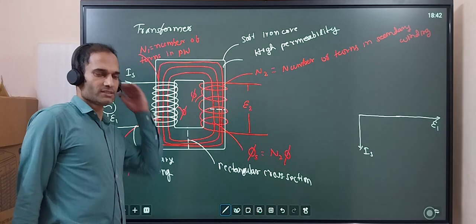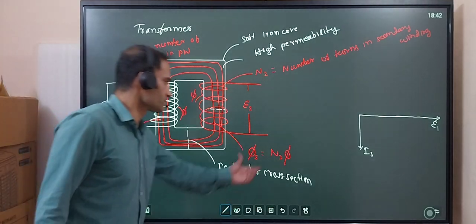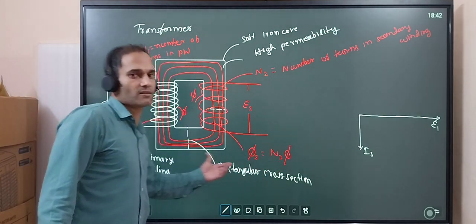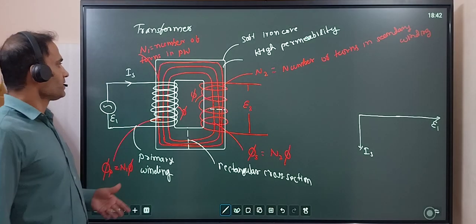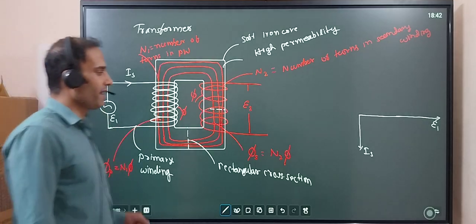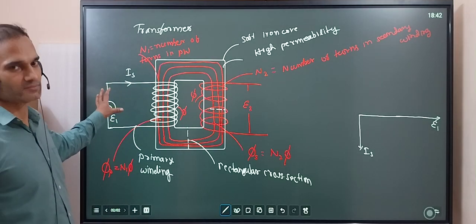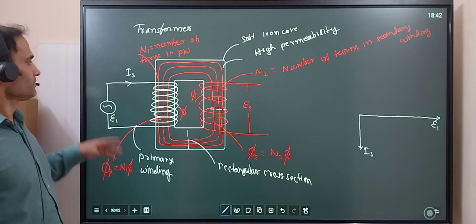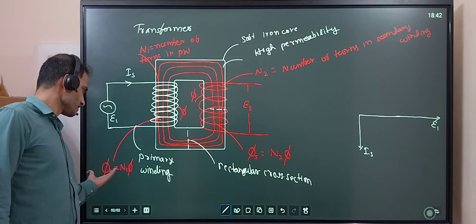You can clearly see that here the flux linkage is less compared to this one. Now the things are complete for now. We can find this EMF E1 in terms of these things, N1 phi.